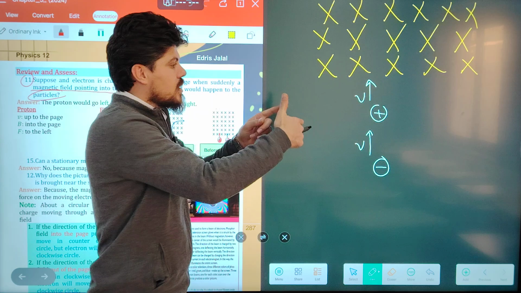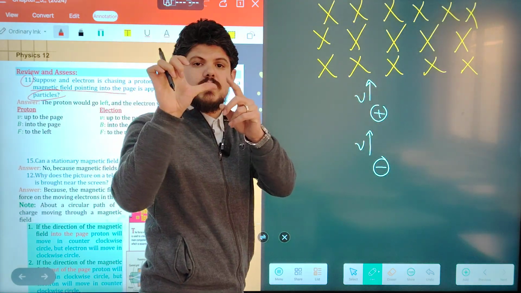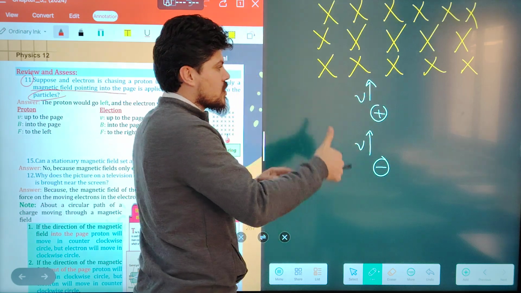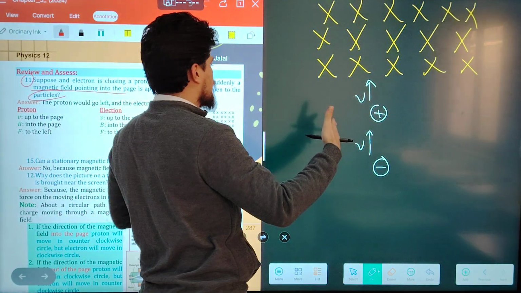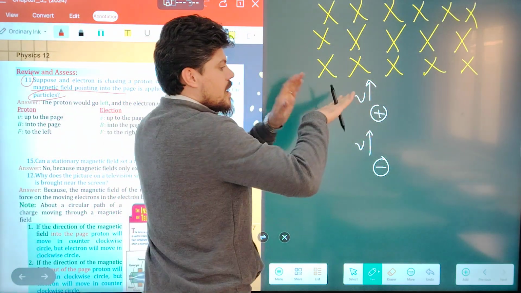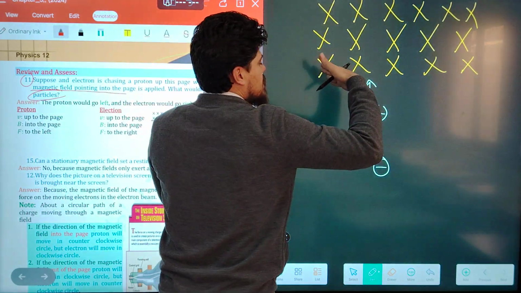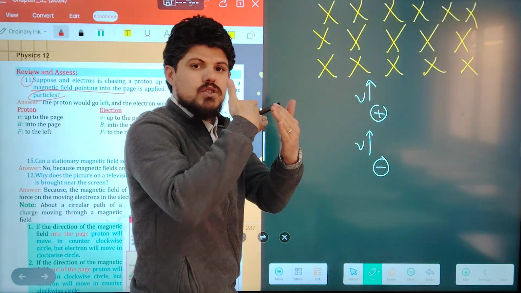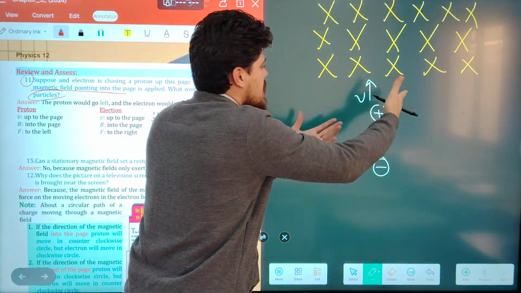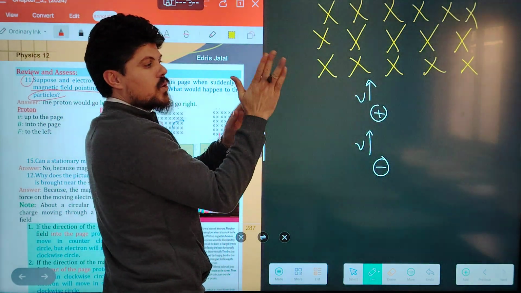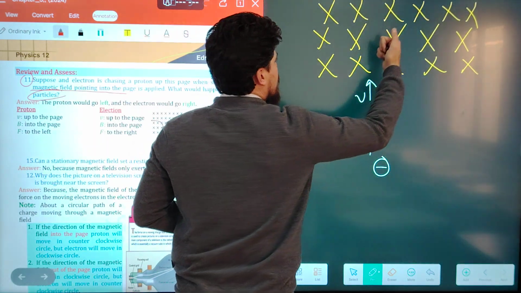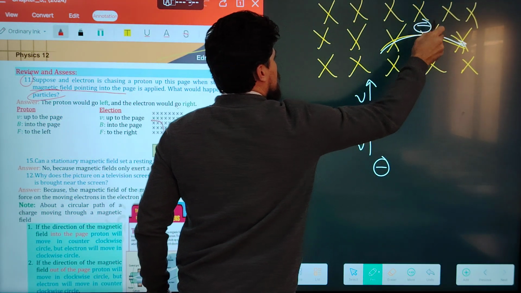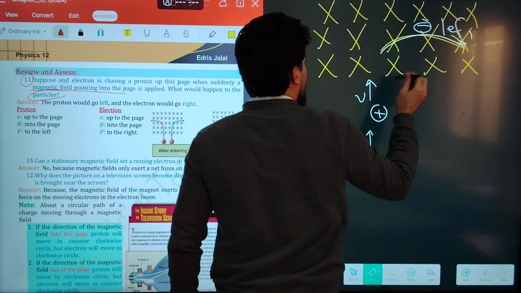According to the right-hand rule, the thumb represents the direction of the velocity of the charge, the movement of the charge, and B is into the page as mentioned in the question. Your palm deflects in this direction, to the right. Out of the palm is the positive charge, which deflects to the right according to the right-hand rule. The negative charge deflects to the left.